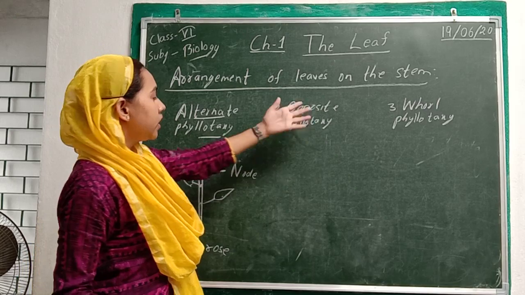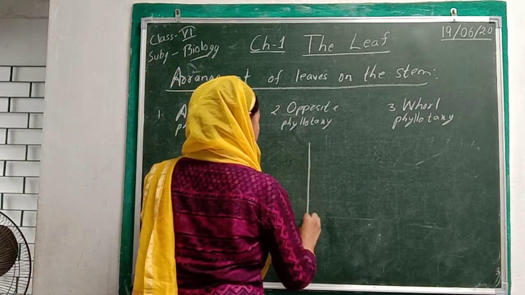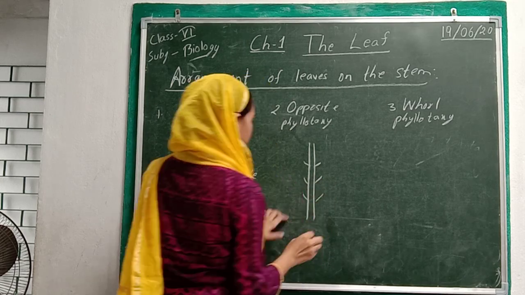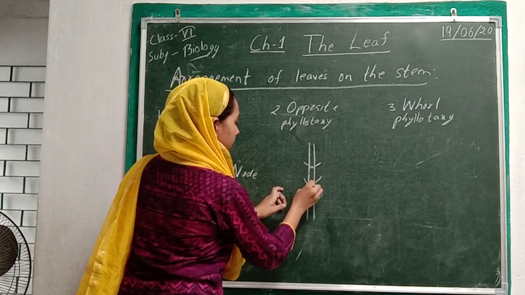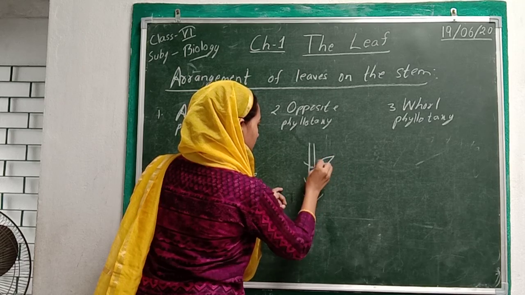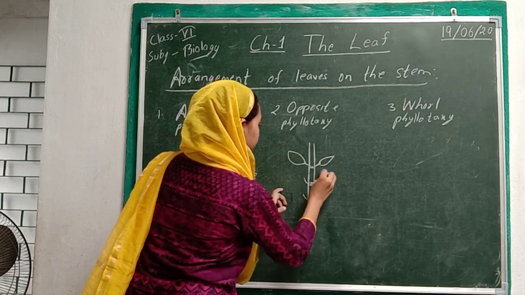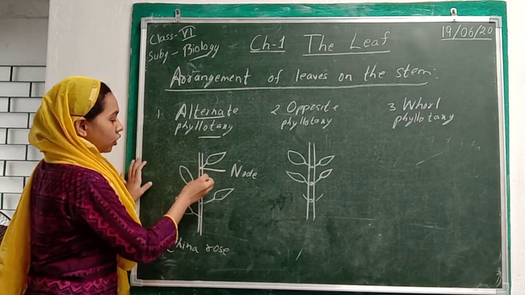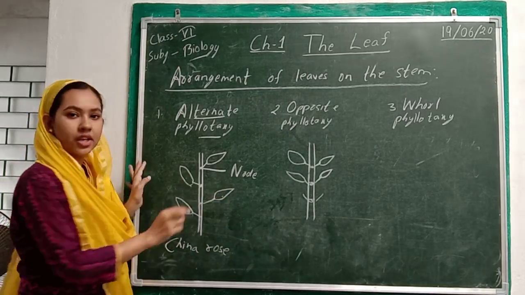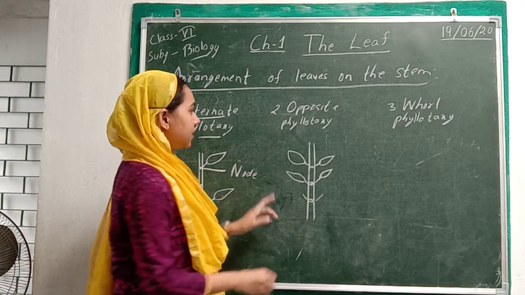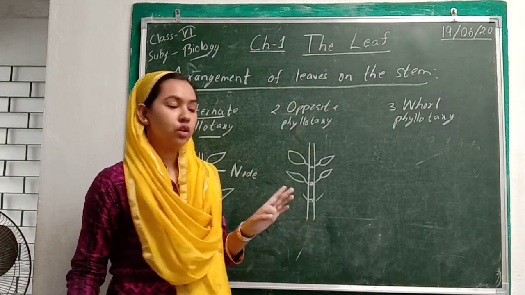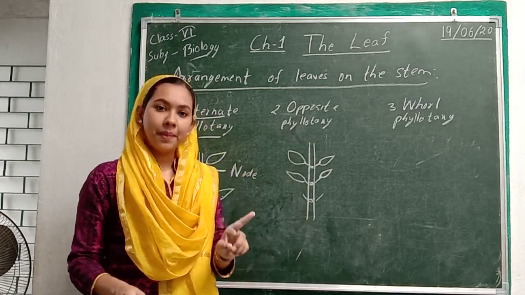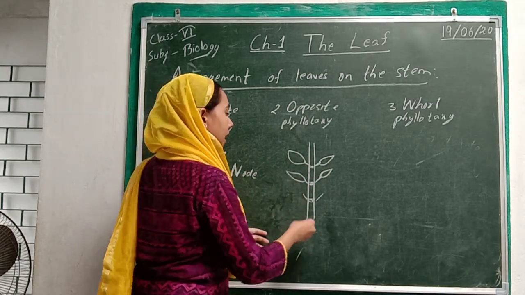The next one is opposite phyllotaxy. Again, we see a stem here, and the leaves originate from the node region. Now, in the previous one, from the node only one leaf came out at a time. But in the case of opposite phyllotaxy, you will observe that from a single node you can see two leaves, or a single pair of leaves.